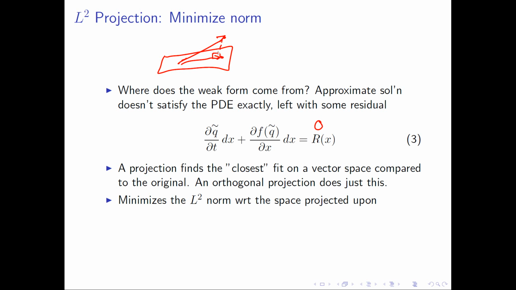So this is our orthogonal projection. In the geometric sense, orthogonal means that the vector connecting, call it, the exact point with the approximate point is perpendicular with respect to the space that you're projecting your point on.